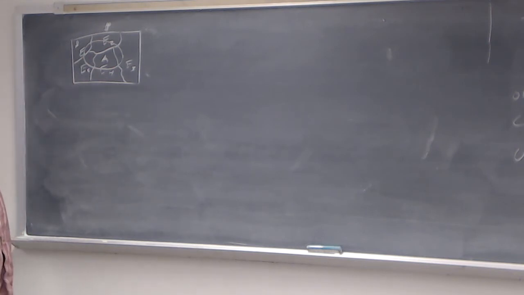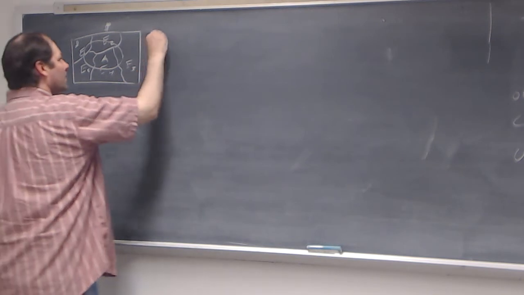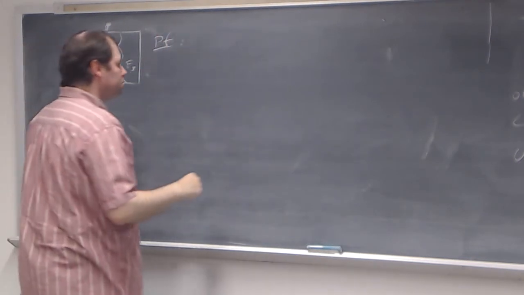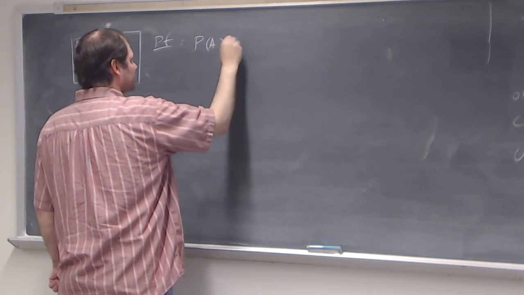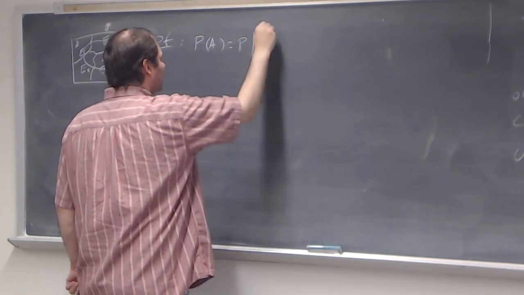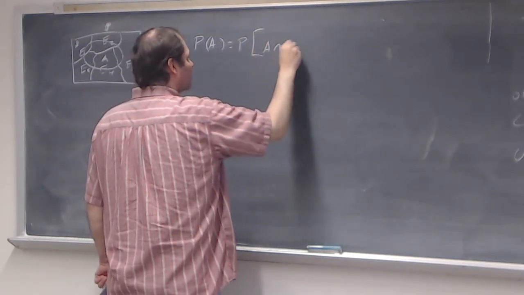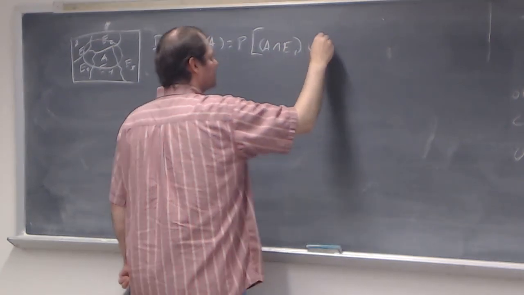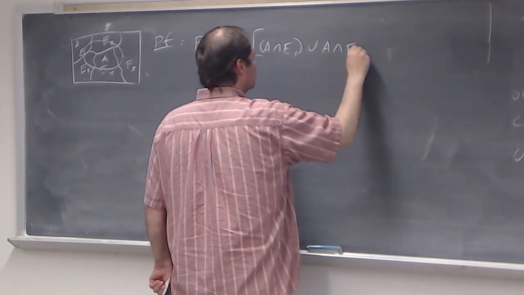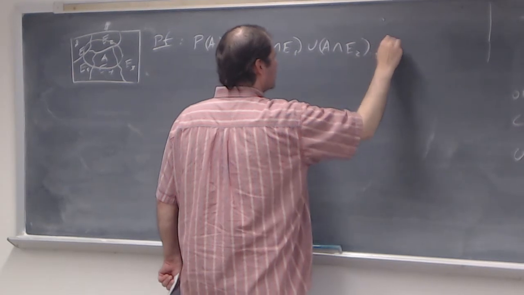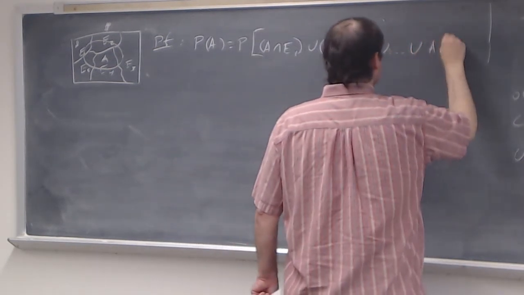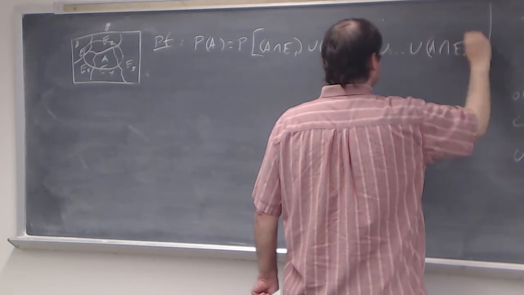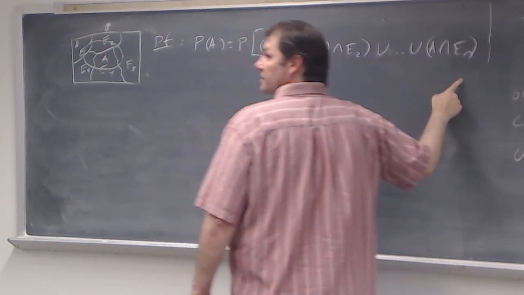That's what it is. So, formally, the proof, well, I'll write down: the probability of A is equal to the probability of A intersect E1 union A intersect E2 union all the way up to A intersect En.